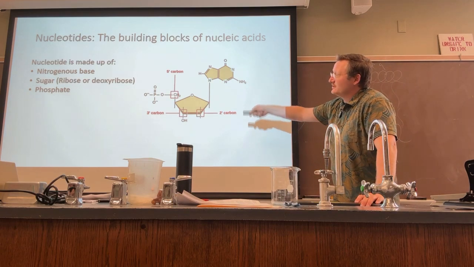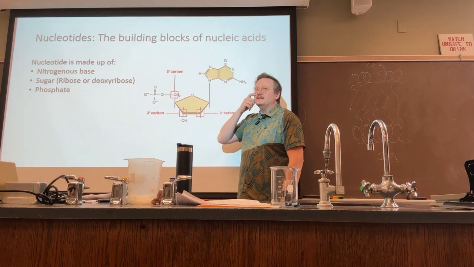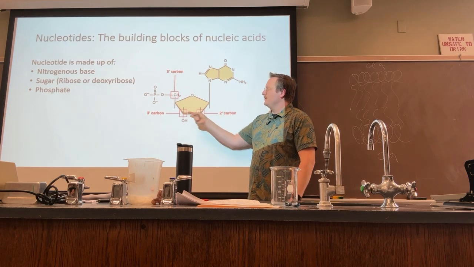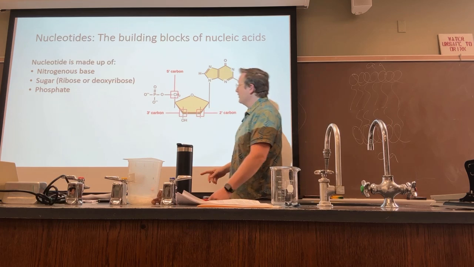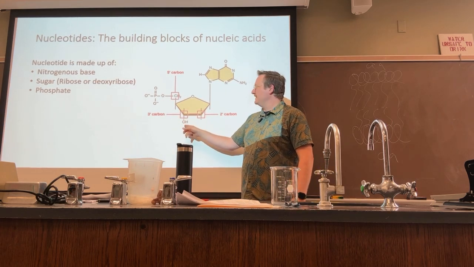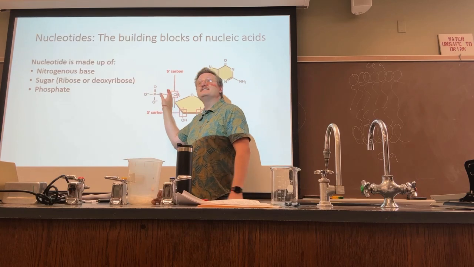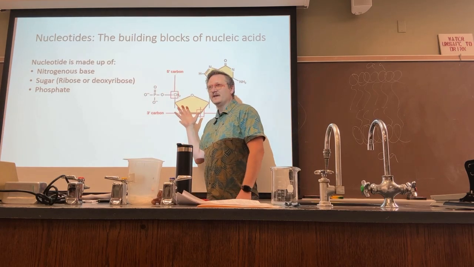In this sugar here, the carbons are carbon 1, 2, 3, 4, and 5. All right? Carbon 3 has a hydroxyl group coming off of it. Carbon 5 has the phosphate group coming off of it, all right, in the sugar.